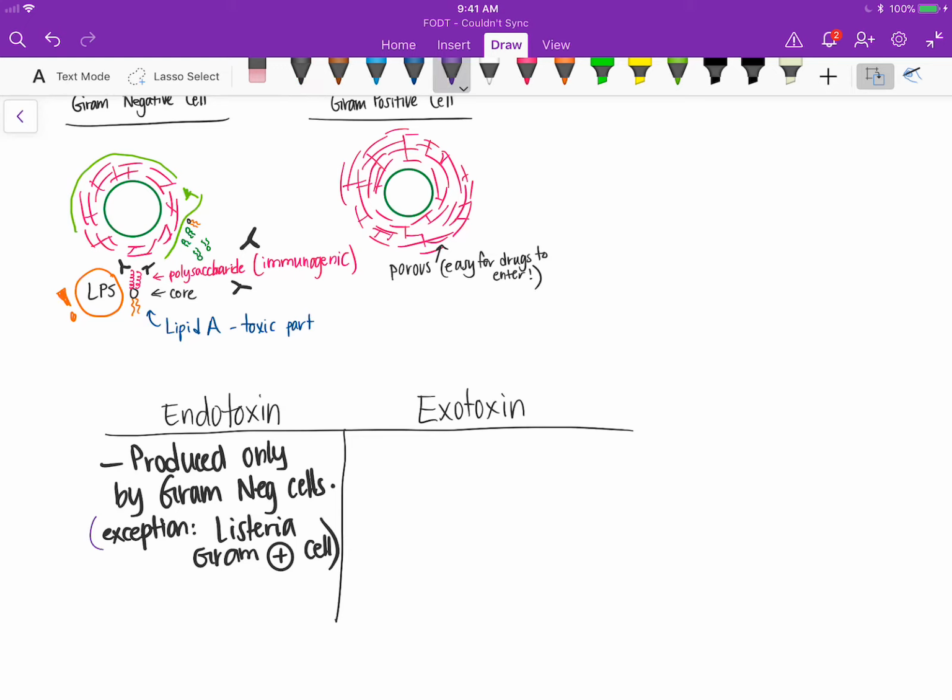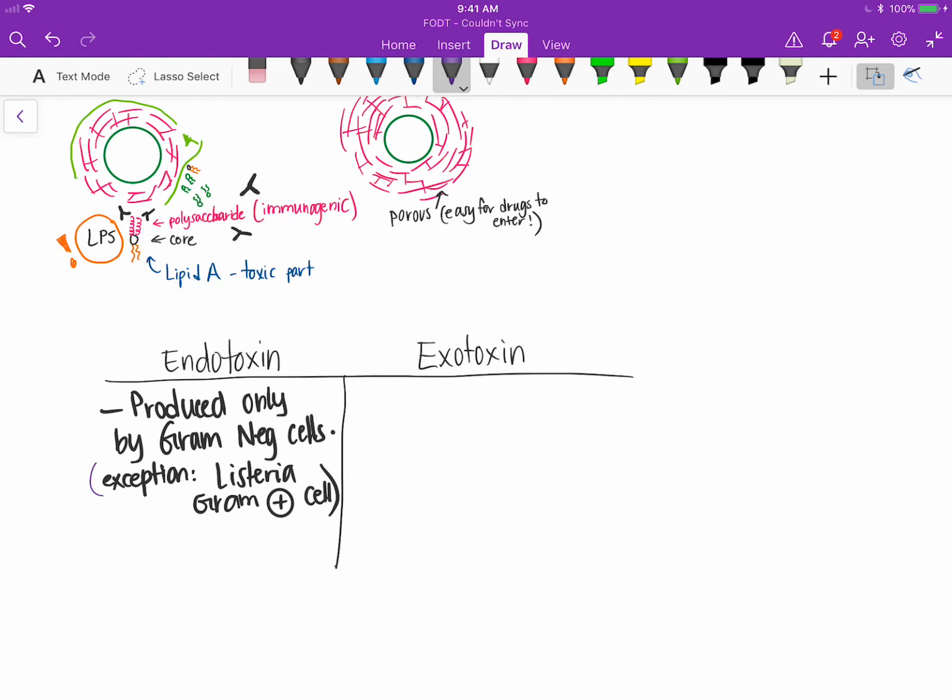When our body sees lipid A, it does not really generate a humoral response and an immune response against it. So for this reason, we can say that there is no protection by antibody. Because there's no protection by antibodies, there's no vaccine available.